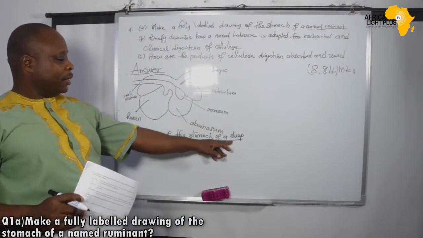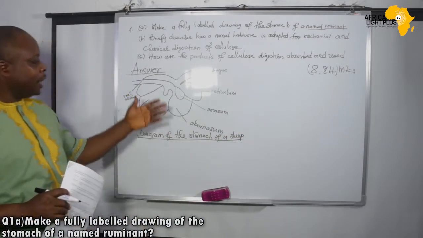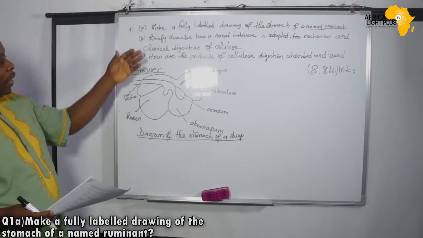So we have named by saying diagram of the stomach of a sheep, and we've labeled. So part A of question 1, well answered.